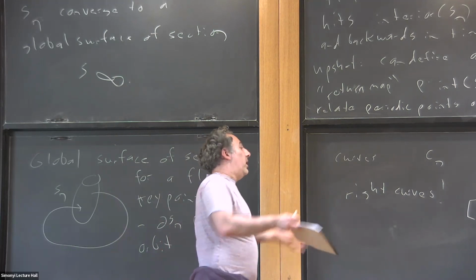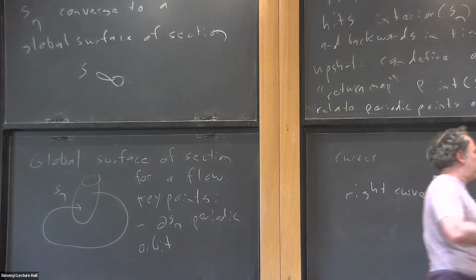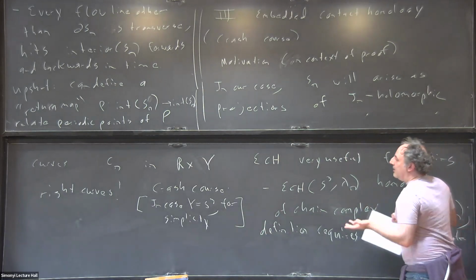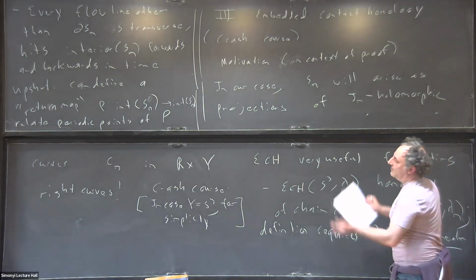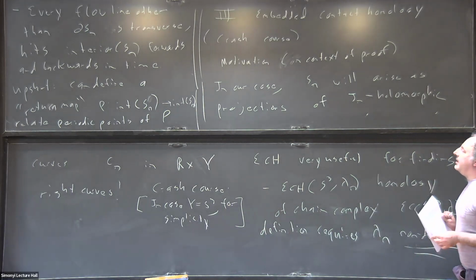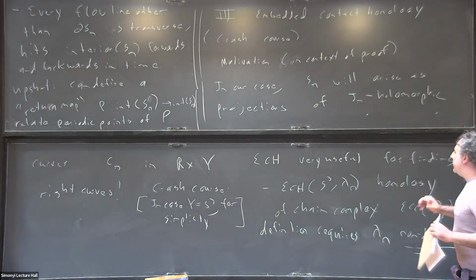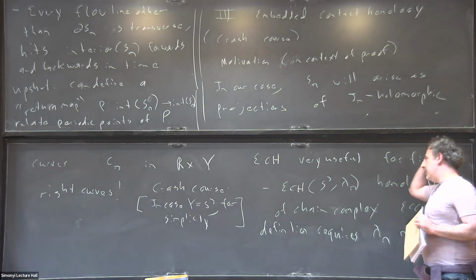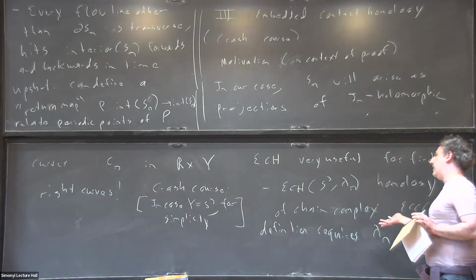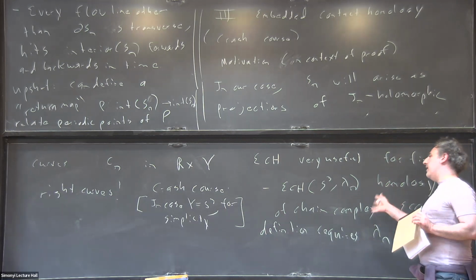So one thing you could try to do is work directly with my contact form lambda, and try to define some kind of Floer theory. But that seems to be an extremely difficult problem. If you just work with the degenerate contact form, various moduli spaces of pseudo-holomorphic curves might not be describable by a Fredholm problem.